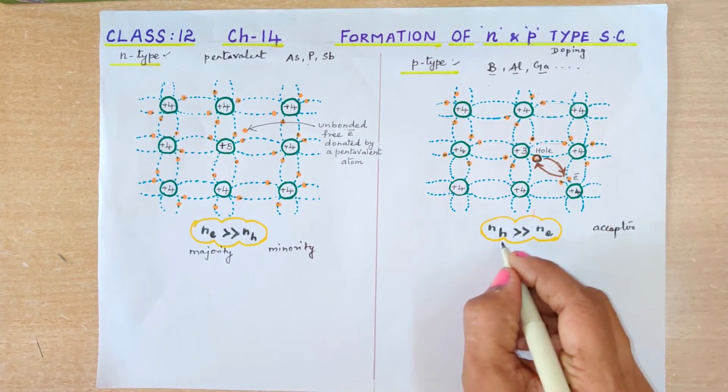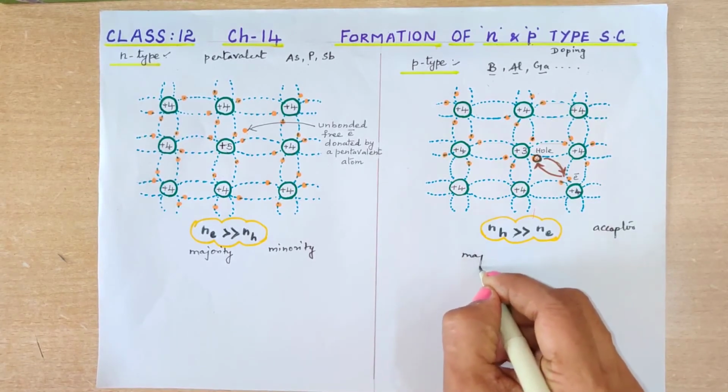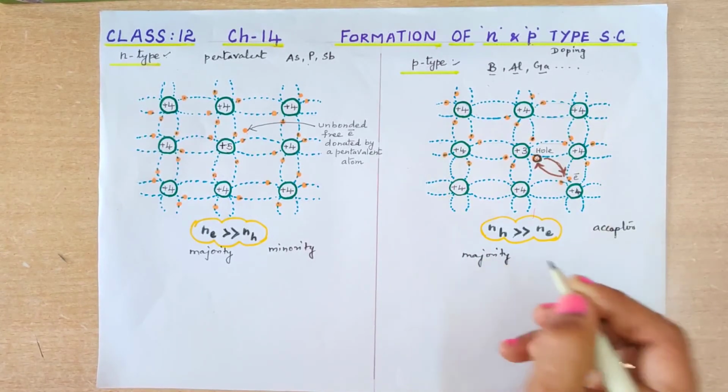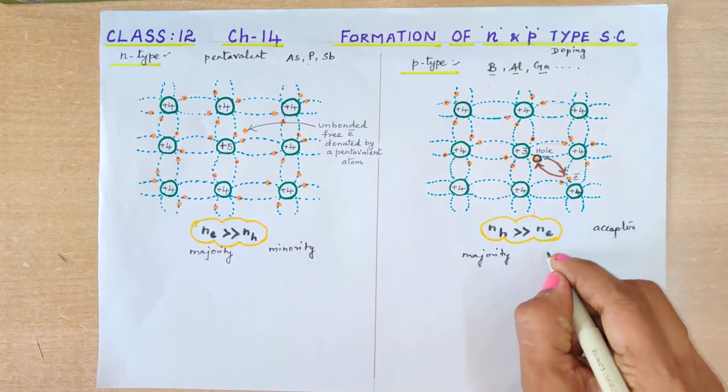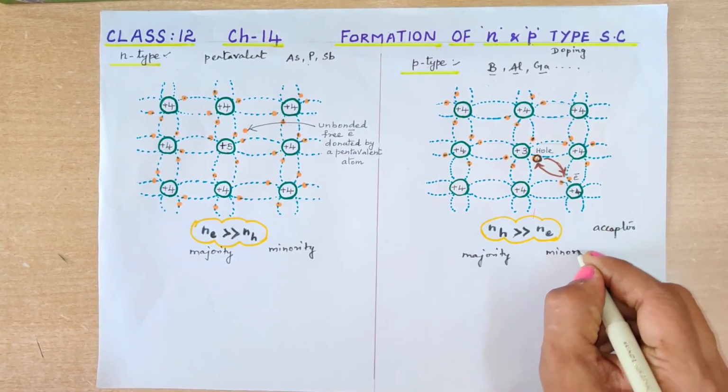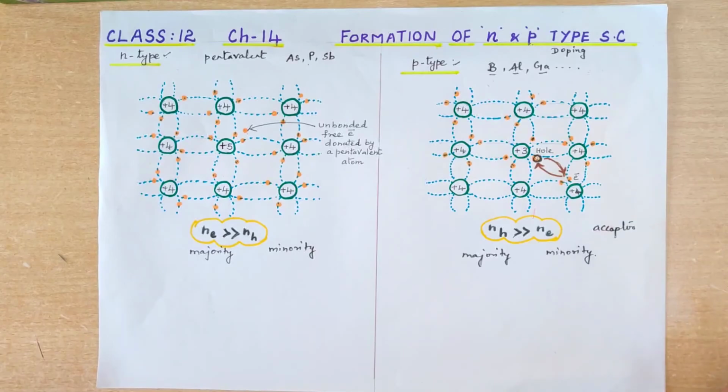Here we have to remember the holes behave as the majority charge carriers since the number density is more, and the electrons are called minority charge carriers in P-type semiconductor. I hope you understood the formation of P-type and N-type semiconductors very well. Thank you for watching.